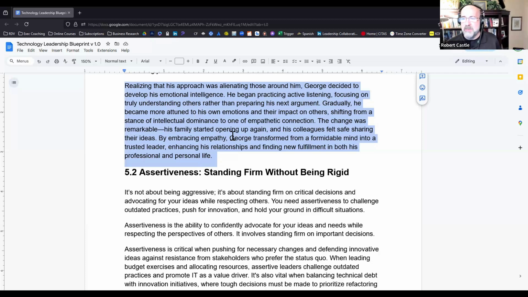The change was remarkable. His family started opening up again, and his colleagues felt safe sharing their ideas. By embracing empathy, George transformed from a formidable mind into a trusted leader. He still had his formidable mind, but he enhanced his relationships, finding new fulfillment in both his professional and personal life.